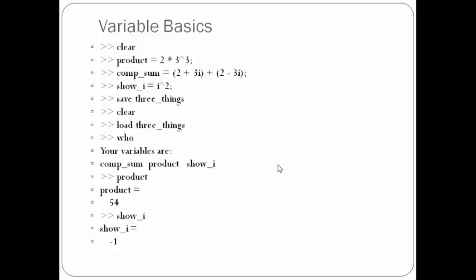We have variables like COMSUM, product, and show_I. If you type who, you'll get the list of variables. If you type the name of a variable, you'll get its value. As simple as that.